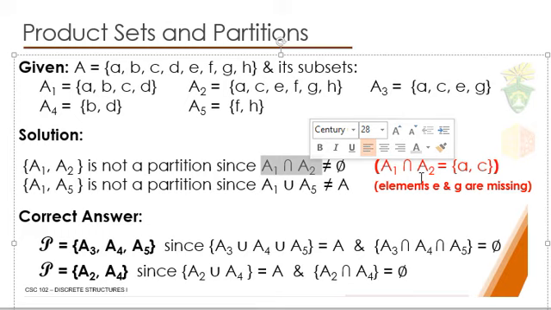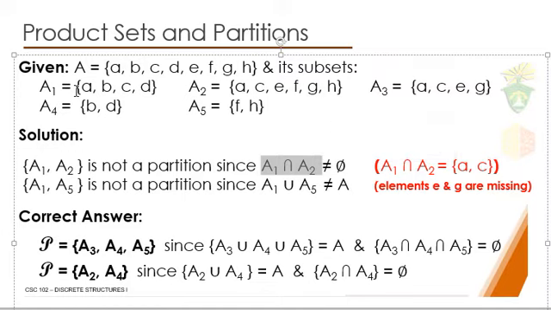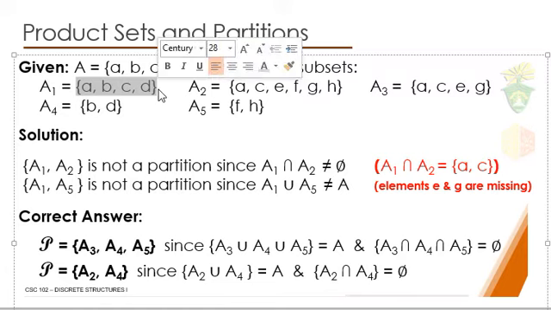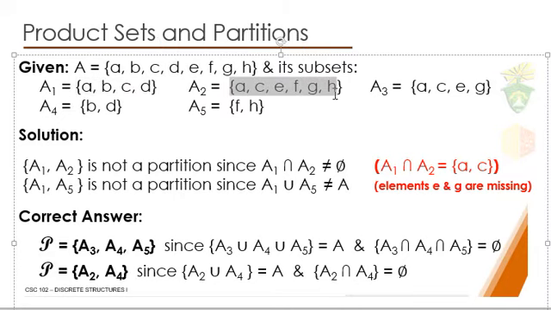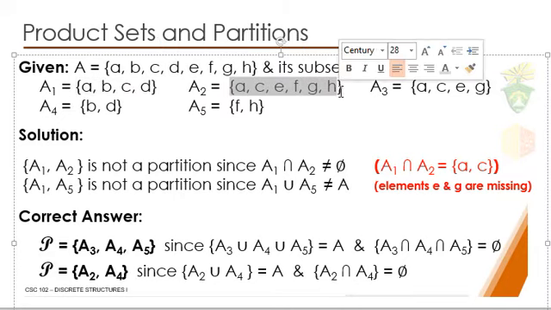Why? Because elements A and C makita man siya sa duha ka sets. Try to look at A sub 1. We have A, B, C, and D as its elements. Check subset A sub 2. We have A, C, E, F, G, H. So, naay common sa ila.